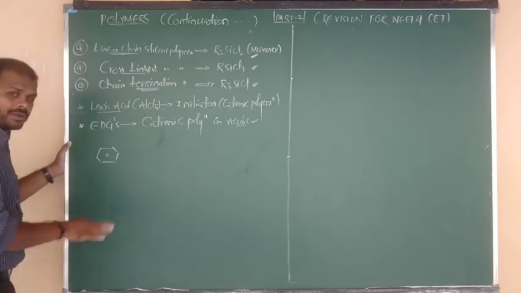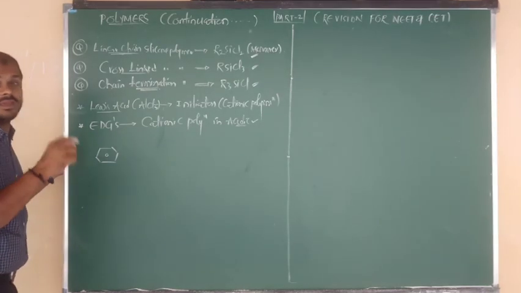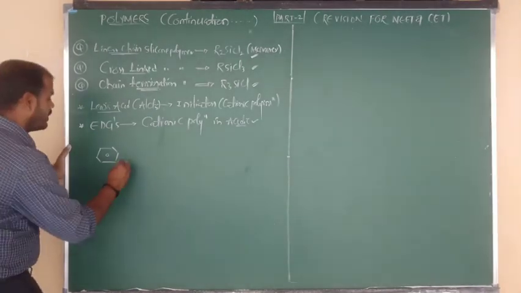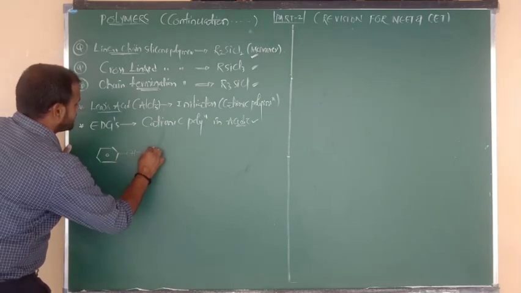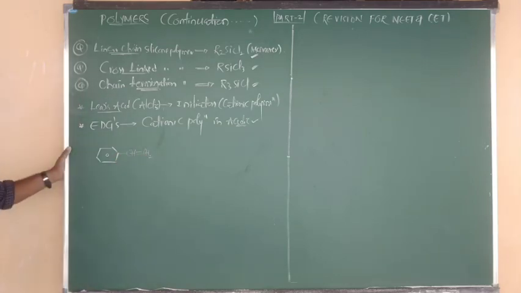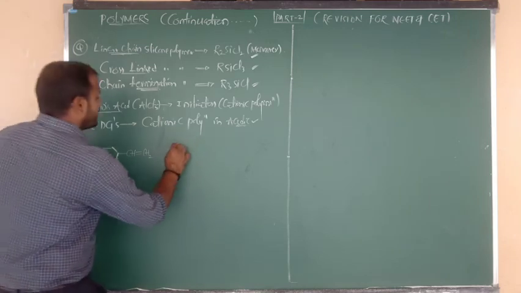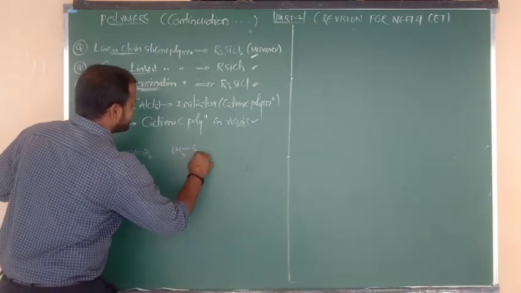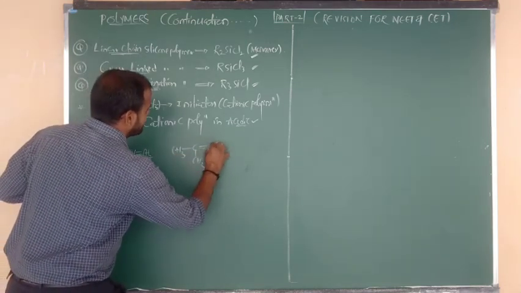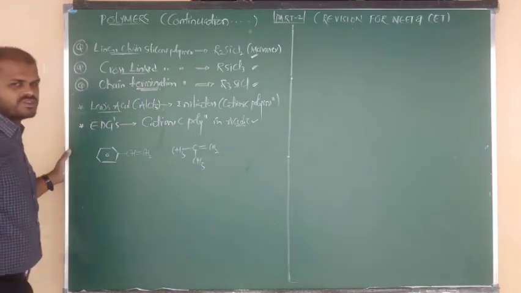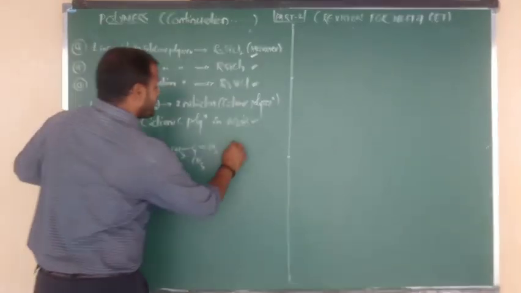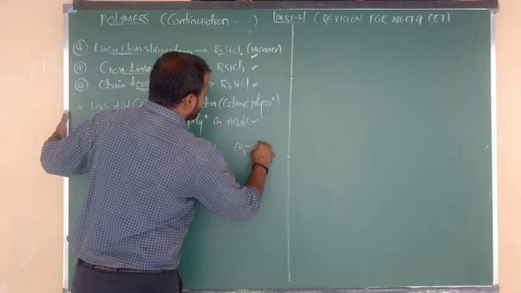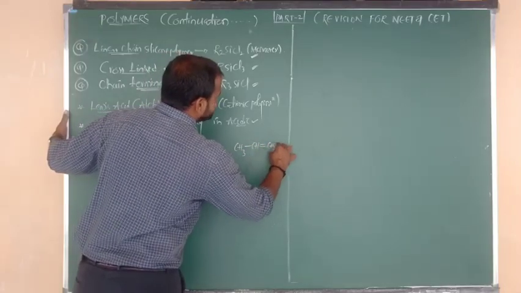All undergo cationic polymerization, but you have to decide which is more reactive. First, benzene bonded to CH double bond CH2, vinyl benzene. Next, isobutene: CH3, C with another CH3, double bond CH2. Next, propene: CH3 bonded to CH, double bond CH2.